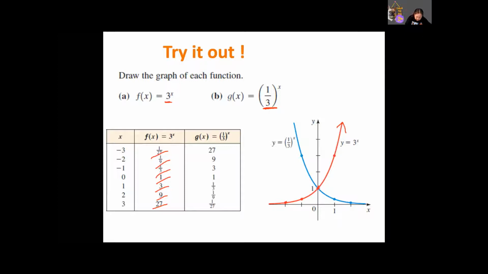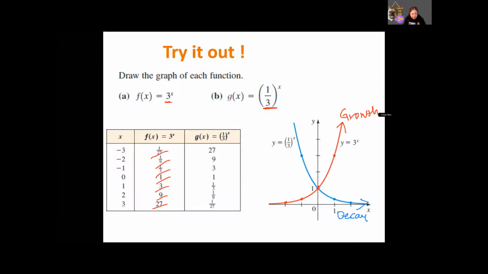And the base being a fraction gives you an exponential function decreasing as we move to the right. So then we call this one decay, and we call this one growth.